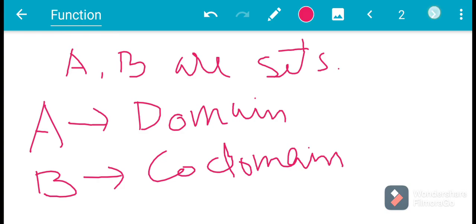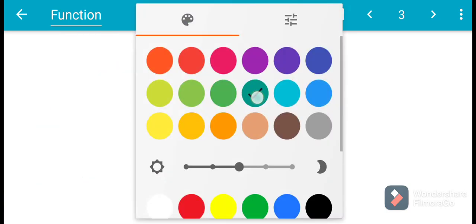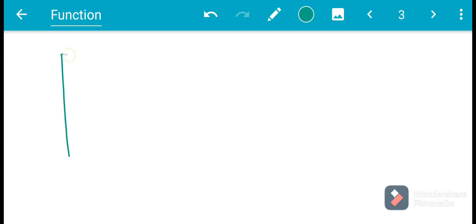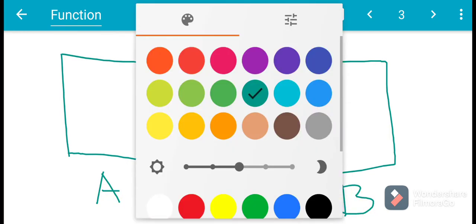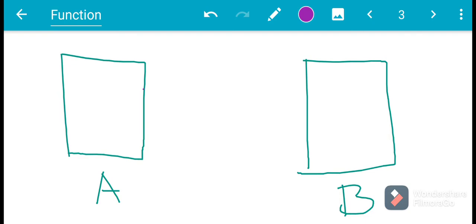For that, let me draw a diagram. Suppose this is your A and this is your B. Now consider f to be a rule. Rule means we have various rules in our country: traffic rule, this rule, that rule, bribing rule, and all that.